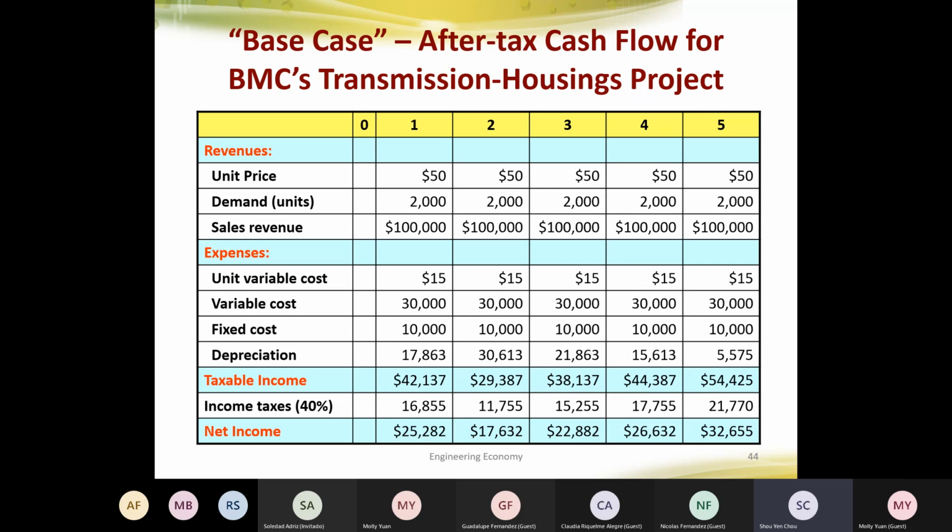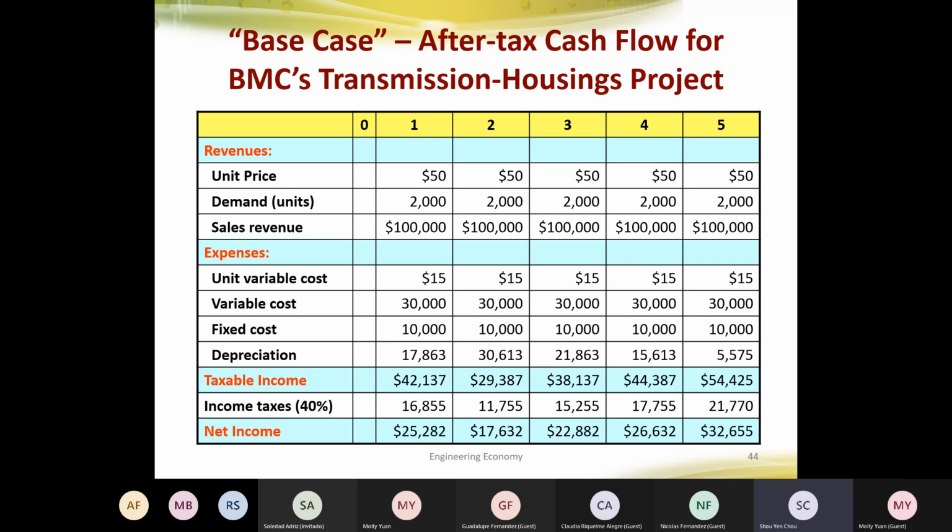Right? Transmission is a system. Housing is just to enclose this transmission, this machine. So we want to develop this and we'll generate certain revenue by selling these housings. So the unit price that we will sell at will be like this.